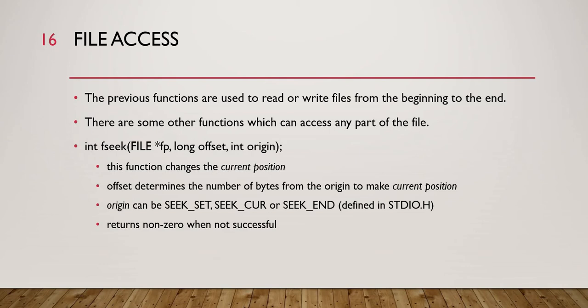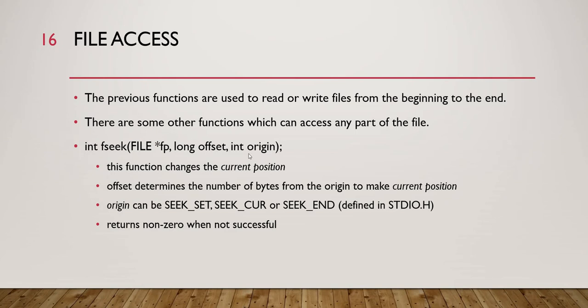For example, if you start from the beginning and you give an offset of 10, that means you want to go to the 10th byte in the file. And if you want to start from the end, and let's say the total number of data is 100 bytes, and you want to offset 10, that means from the end you have to go to the 90th byte of the entire file. Okay, so this is how you can use offset.